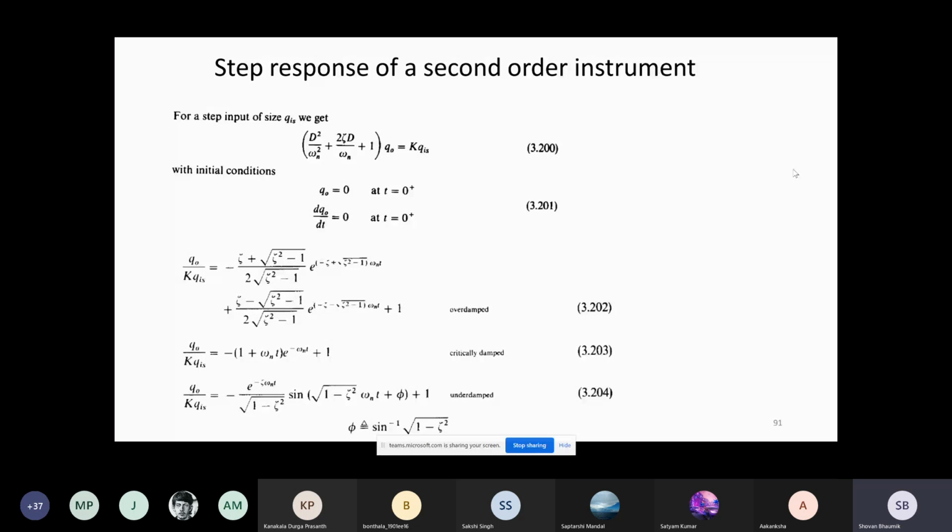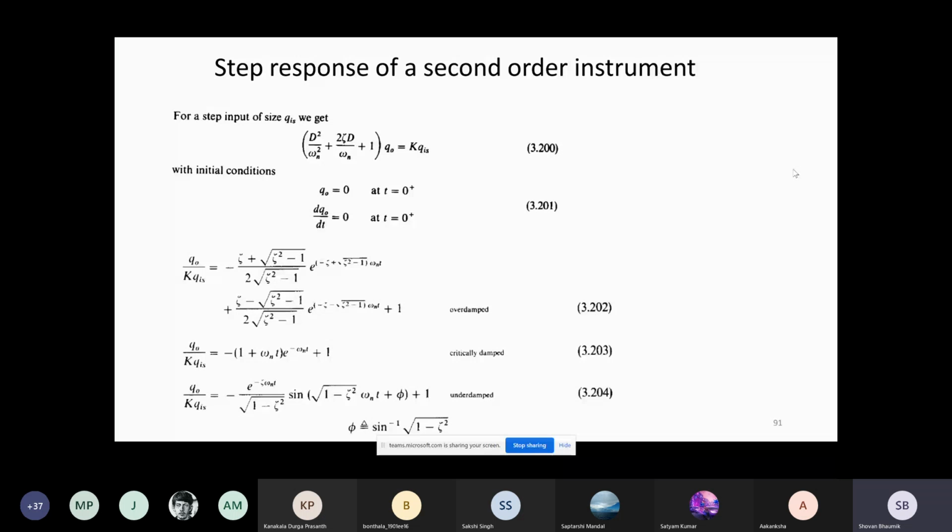The zeta value can be less than 1, it can be equal to 1, it can be greater than 1. Based on that our solution will change, because the roots of this equation change with the zeta value. Sometimes they will be positive side roots, sometimes negative, sometimes a set of complex imaginary roots.